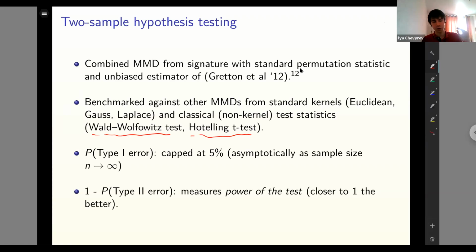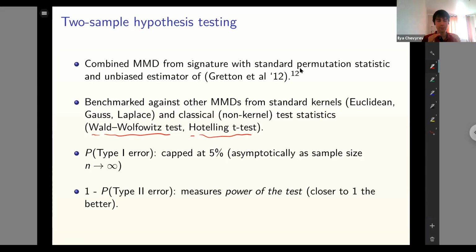Because you can always create a test which says I'm never going to reject the null hypothesis. In this case, your probability of making a type 1 error is 0. But then your type 2 error could potentially be very large. In fact, it will be 1, because you will never distinguish between P and Q. So you always want to balance between these two.